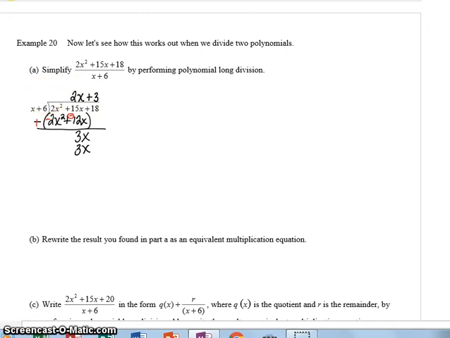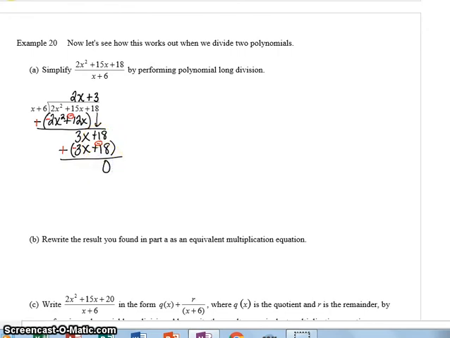And when I multiply positive 3 times positive 6, oops, sorry, I was supposed to bring down the positive 18. I get positive 18. That was brought down originally. Now, this wouldn't make sense to not change the signs. So you put it in parentheses, and it has to be subtracted. So now that goes to plus, that's a negative 3x, and that's a negative 18. So now I have 3x minus 3x, 0, 18 minus 18, another 0.